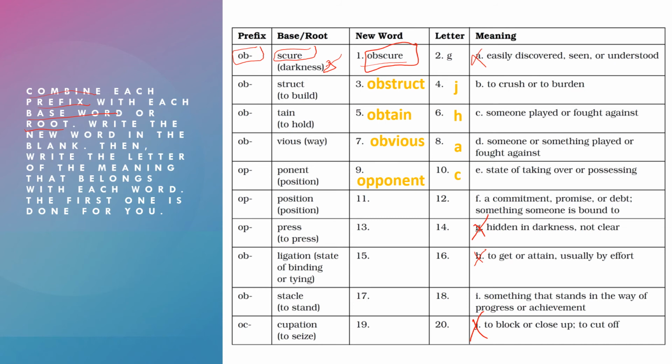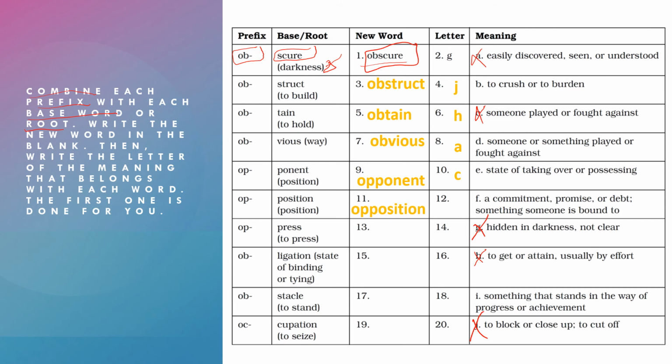The answer is C. Actually, I may also argue it can be D. We can use them interchangeably for number 9 and number 11, which is opposition, because opponent and opposition mean the same.